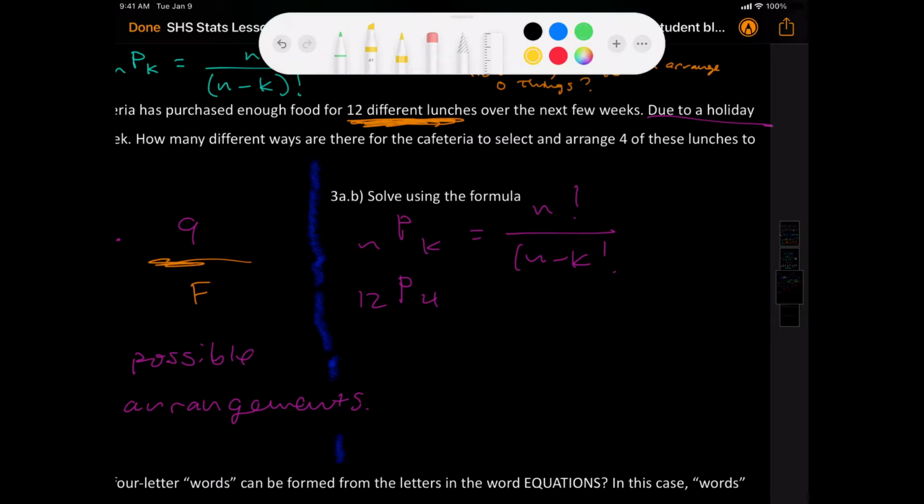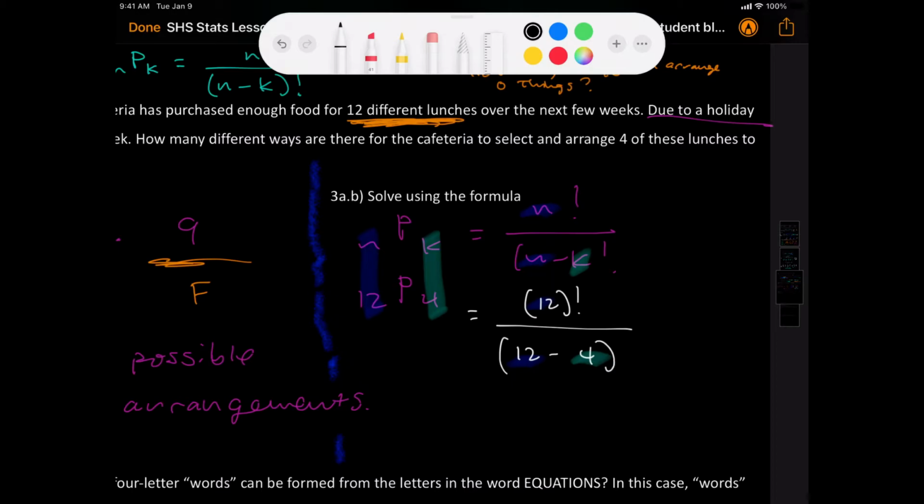So n is equal to 12, k is equal to 4, so n is 12 factorial, and then you have 12 minus 4 factorial.